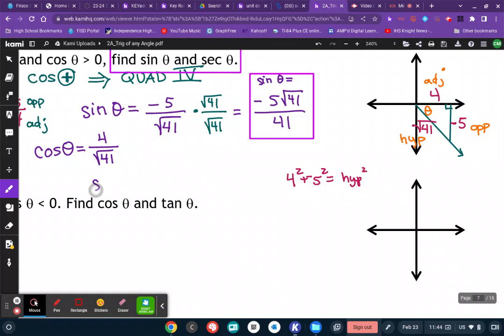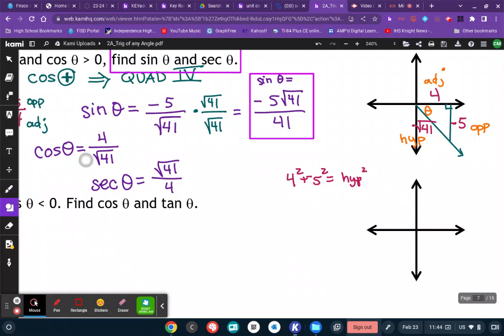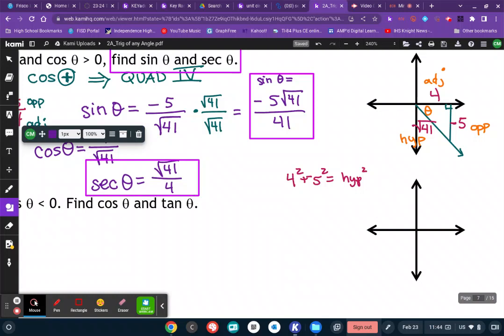The secant is the reciprocal of that. So my square root of 41 becomes my numerator once I flip it, and then I don't have to do anything else to it. So if you're finding one of the reciprocal pairs, you might not have to do the rationalizing.